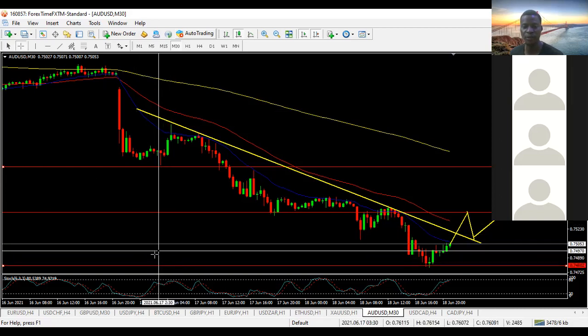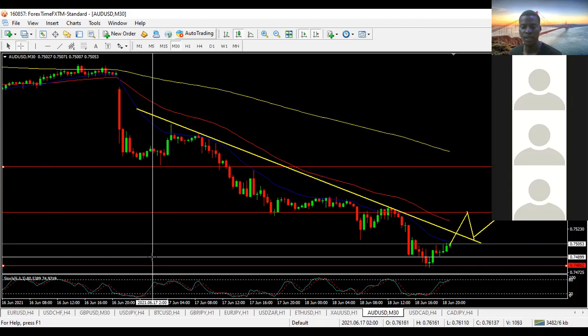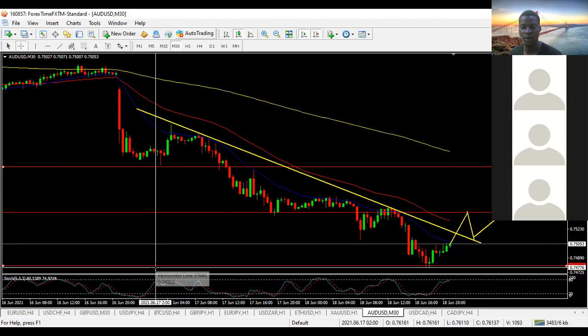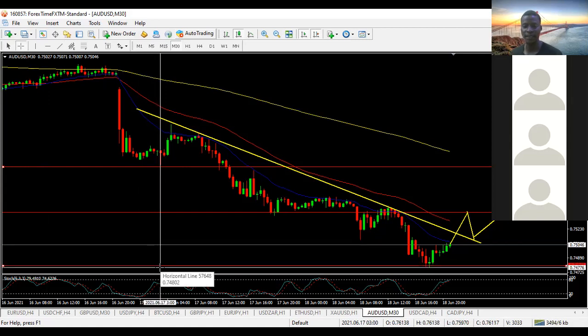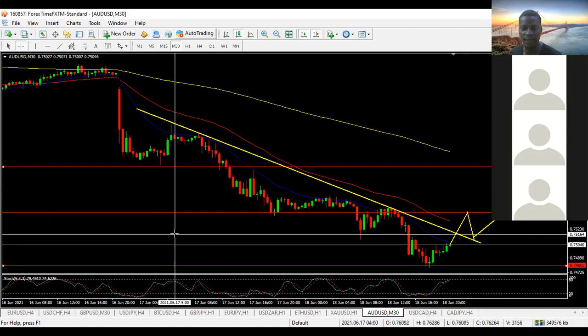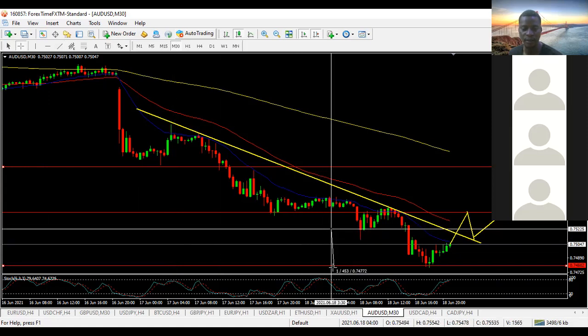You need to give room for the market. So you put your stop loss somewhere around here, at the previous support. You calculate the distance from here to here.